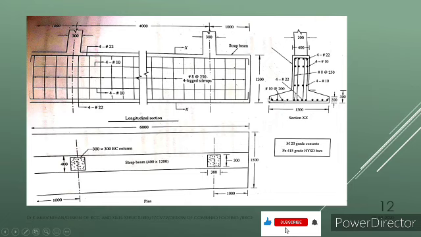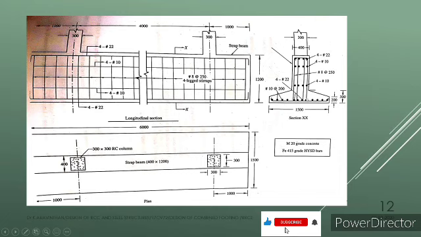What we have done? We have provided 10 mm rod at 200 mm center to center, which is provided as main bar, also the distributor, for both the sections. This is the AST. Now we are designing the strap beam.